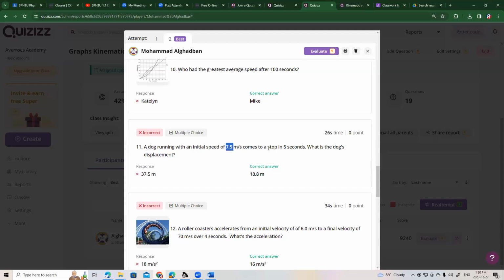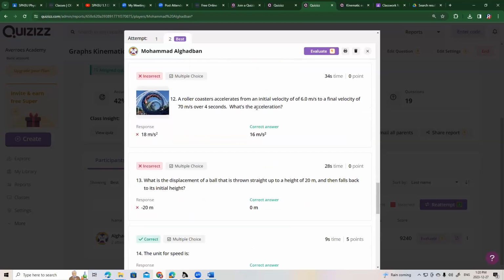So 7.5 plus 0 divided by 2 is 3.75, and multiplied by 5 will be close to 18. So a little bit less than 4. 4 times 5 is 20, and 3.5 multiplied by 5, okay, like 16 or something. So between those two values, even approximately, this one is the closest. So average speed multiplied by time.